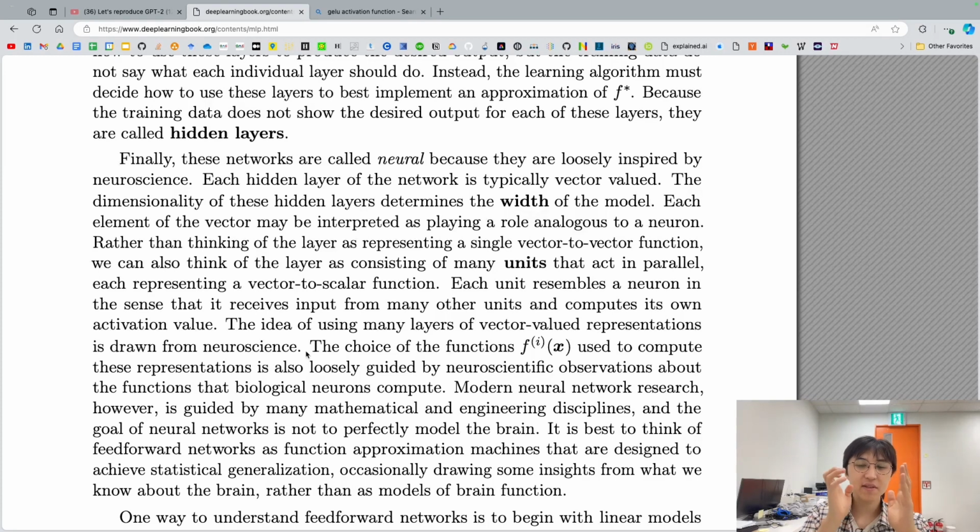So we can represent this kind of calculation as units. Each row is a unit, so that one unit gets input from many different units, and it gives output to another unit. Because of this resemblance to how our brain neurons work, we call them neural networks. Basically, that's all.